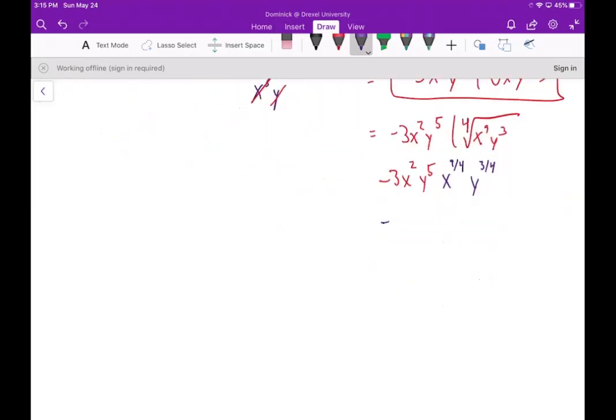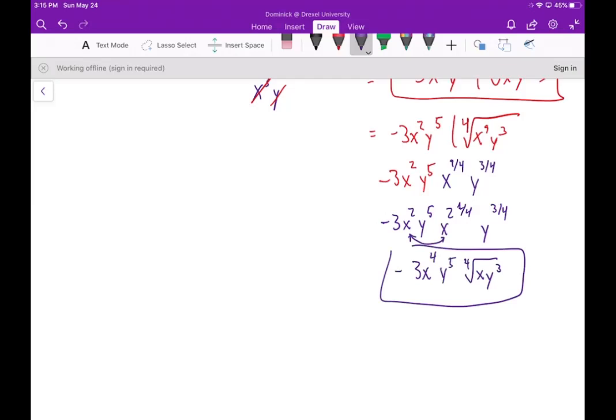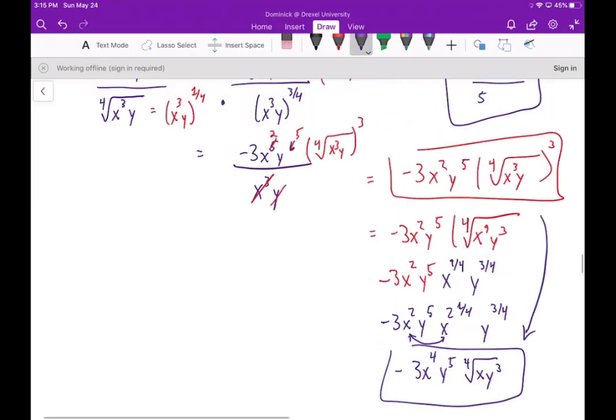So then I'm going to get negative 3x squared y to the 5th, x to the 2 1/4, y to the 3 over 4. So finally, we get negative 3x to the 4th from these two x's, y to the 5th, and then the 4th root finally of xy to the 3rd. All right, and of course, I would be happy with either one of these, but it just shows that you can have a couple different forms of the answer here.